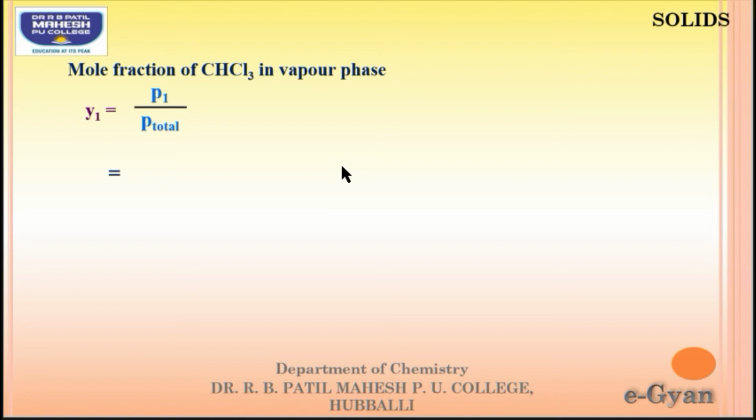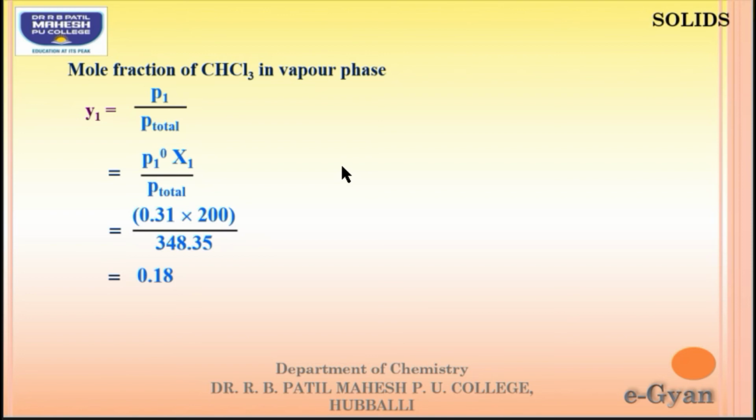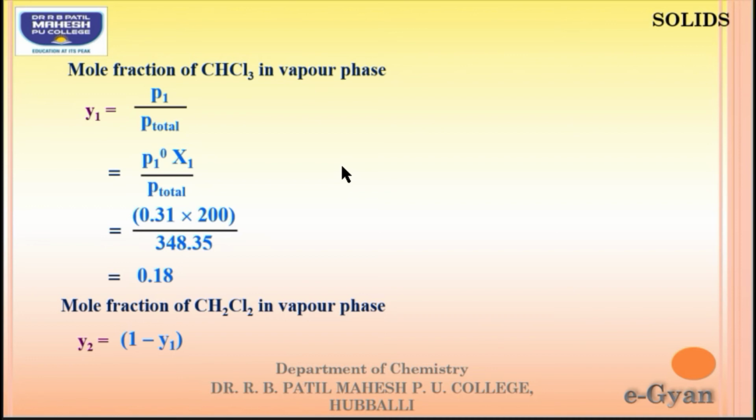But the P1 value is P1 naught into X1. So P1 naught is 200, X1 is 0.31, divided by 348.35, is equal to 0.18. So the mole fraction of CH2Cl2 in the vapor phase, for the given DCM, is 1 minus Y1, is equal to 1 minus 0.18, is equal to 0.82.